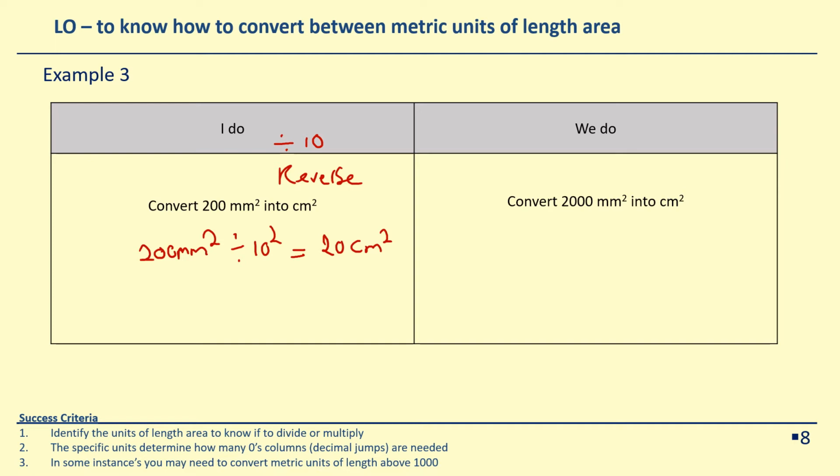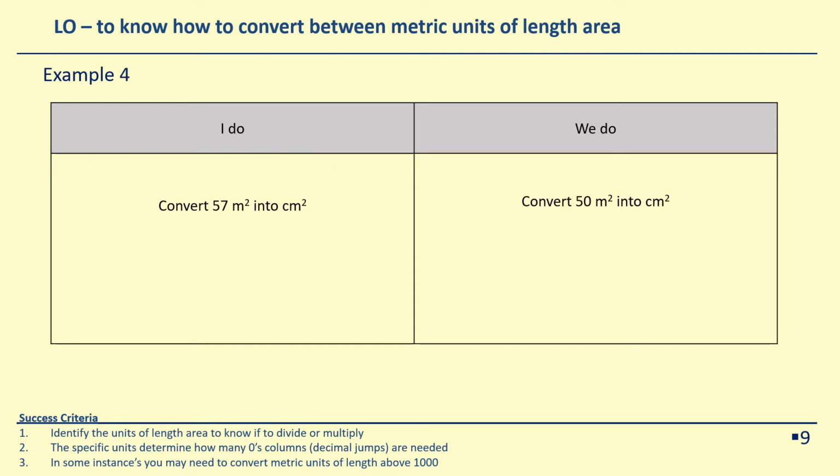Okie dokie. Pause the video, have a go at the we do. Well done if you got the answer 20 centimeters squared, dividing 2000 by 10. Relatively straightforward, that one.